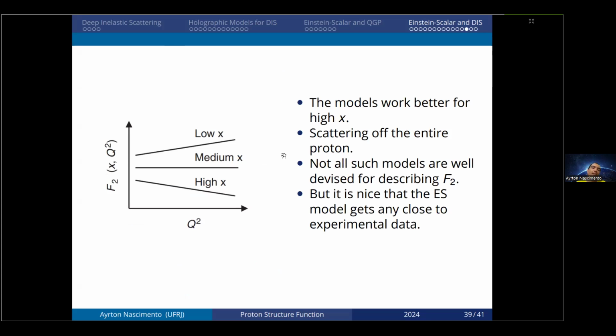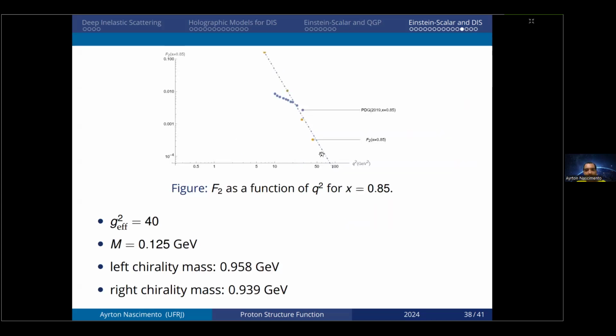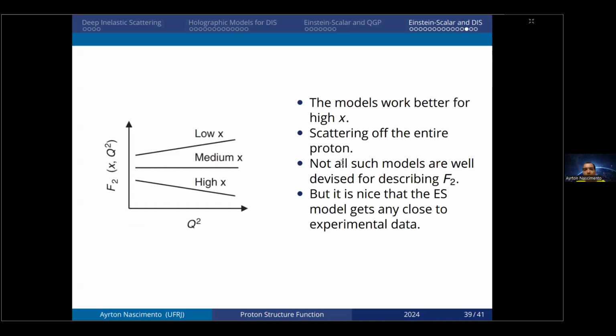This is interpreted as follows: if you have an x value of 0.85, it's still an inelastic process, but it's more like a scattering of the entire proton rather than quarks and gluons. That's why the interpretation is that you have a scattering of the entire proton rather than quarks and gluons. And the conclusion I can draw is that not all such models can describe F2 really well.